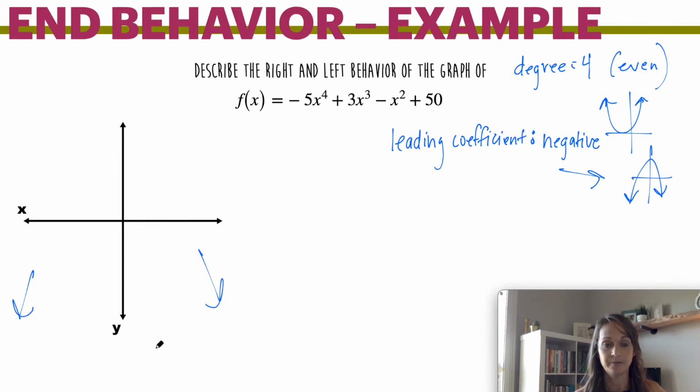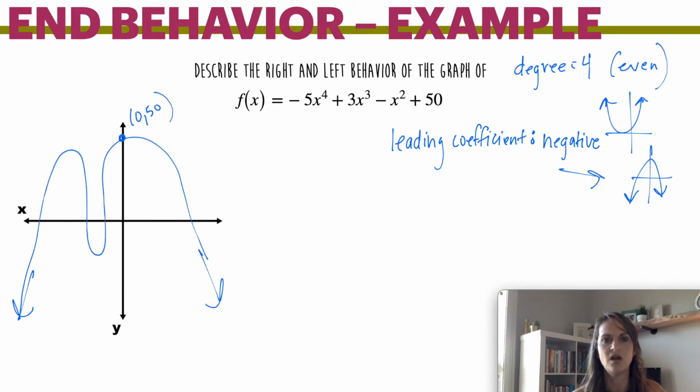The only other thing at the moment that we can do is find the y-intercept. If we plug in 0 for x, we'll get 0 plus 0 minus 0 plus 50. So we do know that it is going to cross at (0, 50). We don't really know what's going to happen in between, so it could go like this.